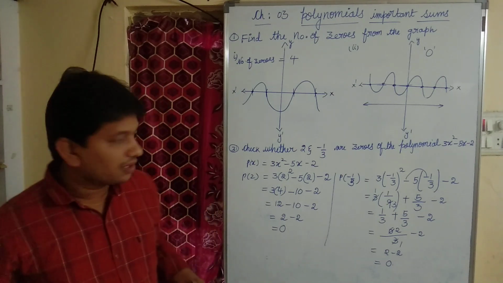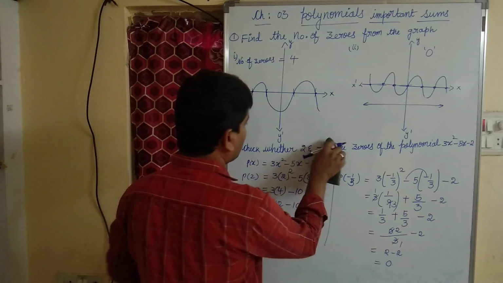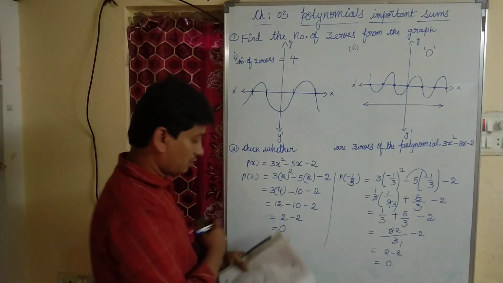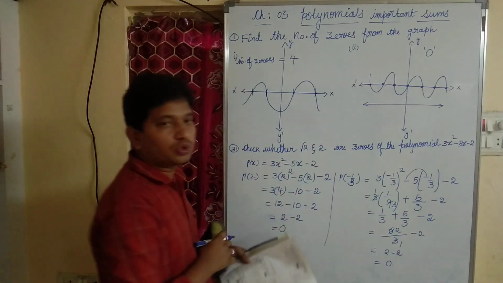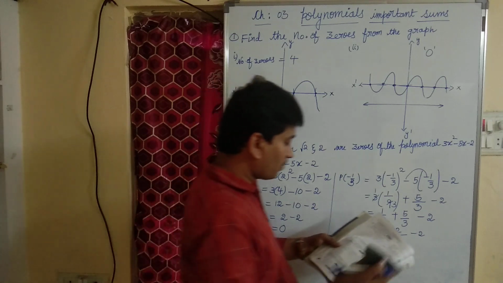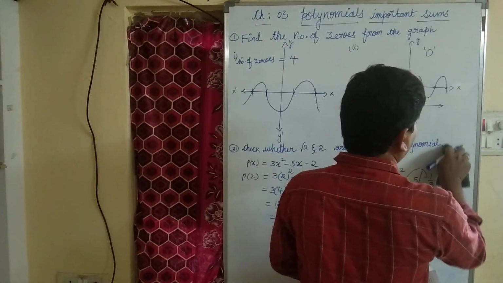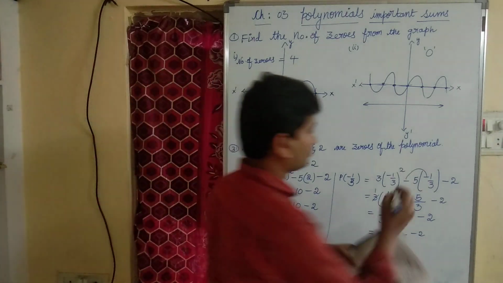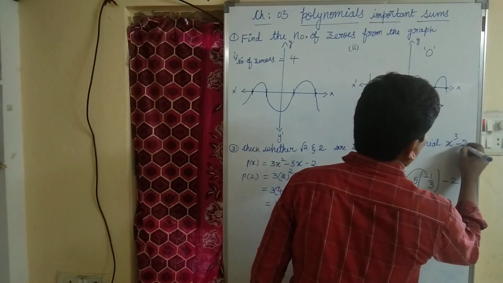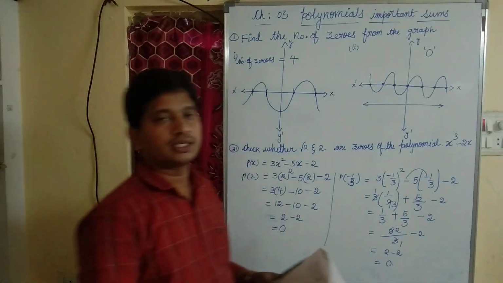One more question we will see, whether root 2 and 2 are zeros of the polynomial x cube minus 2x. Same method problem.